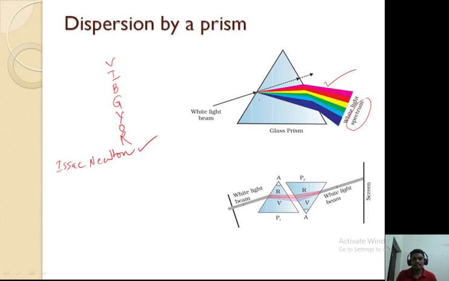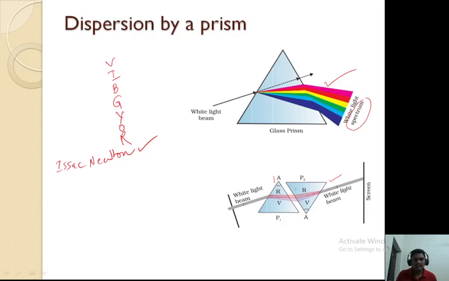This problem was solved by Sir Isaac Newton. He placed one inverted prism adjacent to the actual prism. This is one prism, and it is separating the white light into its constituent colors.